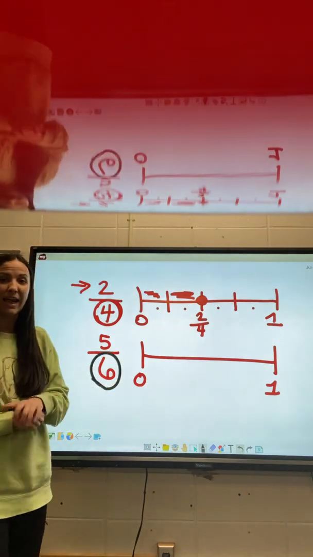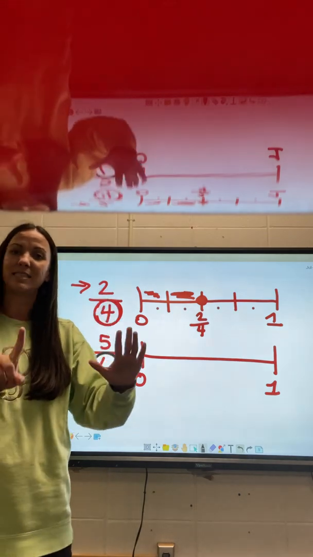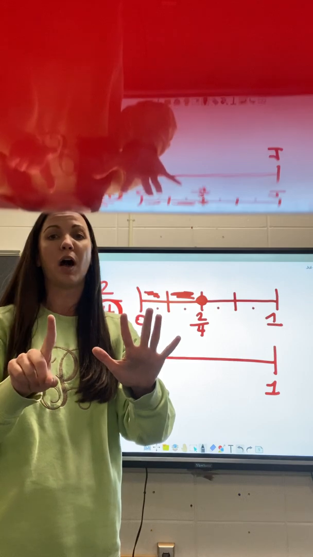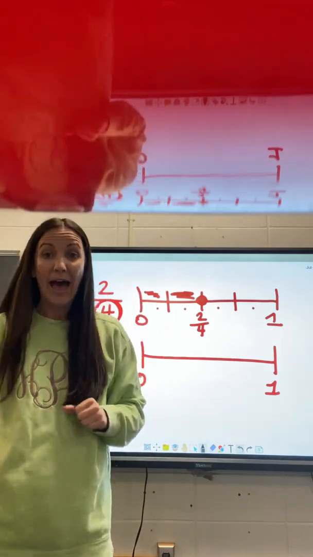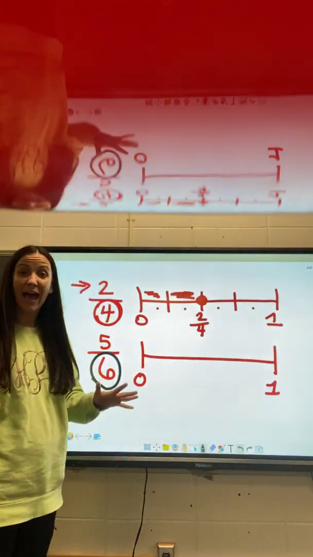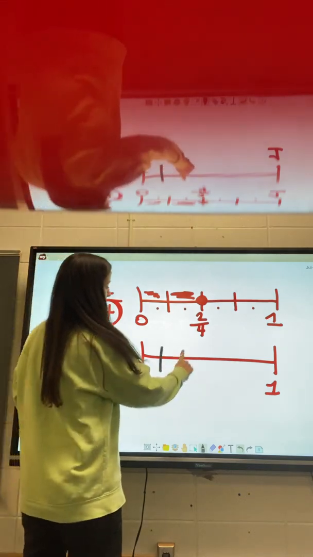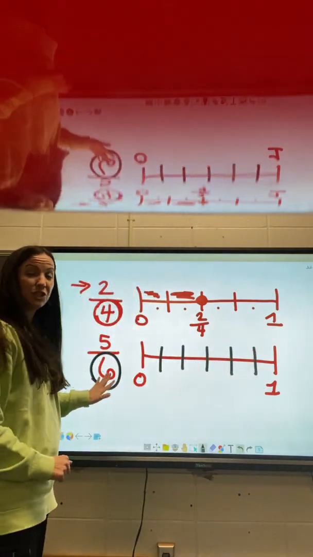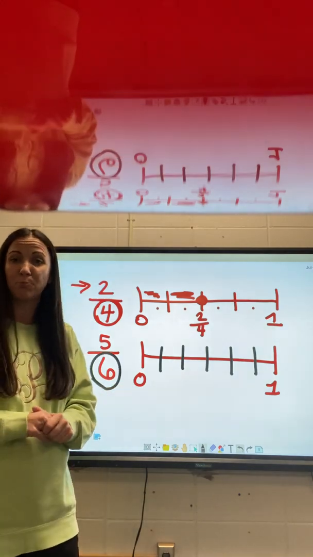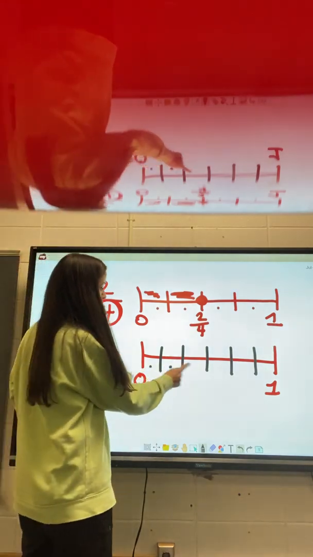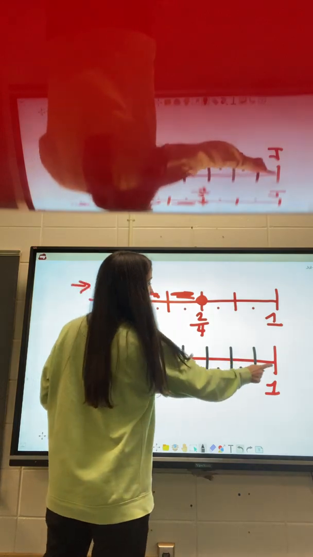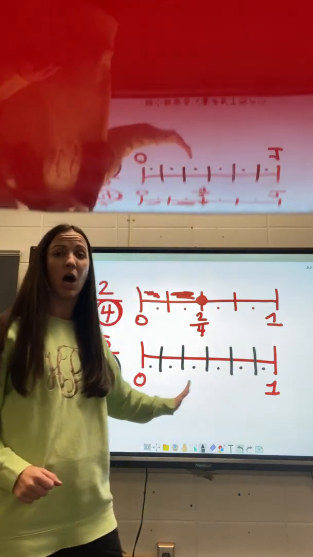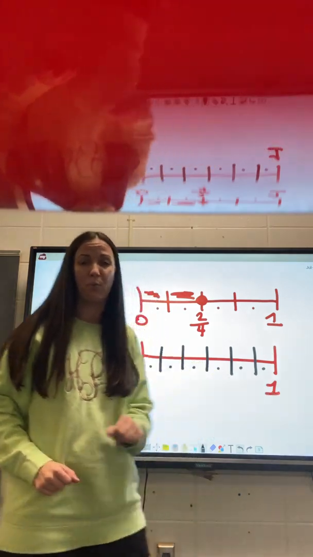All right, 6 as the denominator means I need 6 parts. If I need 6 parts, how many lines am I going to draw? 5. That's right. Let's draw 5 lines. 1, 2, 3, 4, 5. All right, guys, let's check and see if I have 6 parts. 1, 2, 3, 4, 5, 6. Notice I started at my starting point and I went all the way down to my ending point.